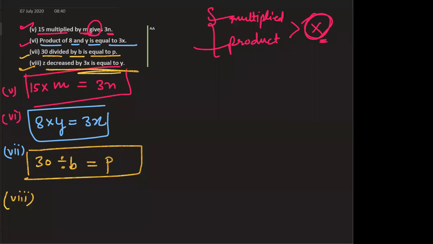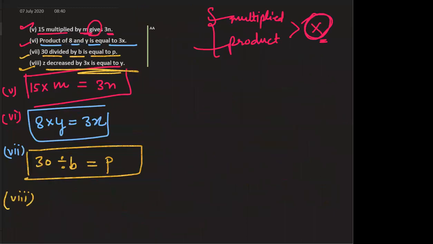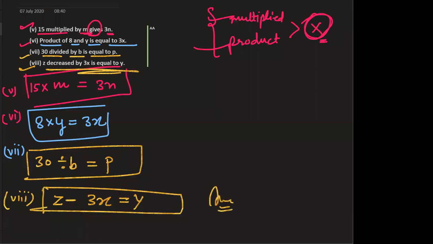I have told you what is the meaning of decrease by. Look at this. Decrease means minus. Okay. So Z decrease by 3x equal to y. This is the algebraic expression.